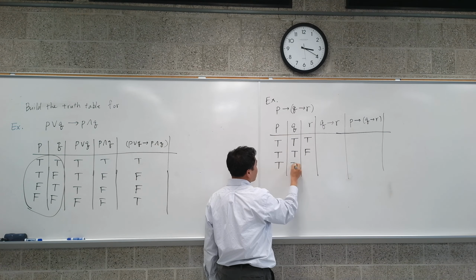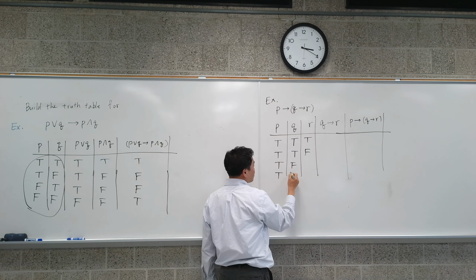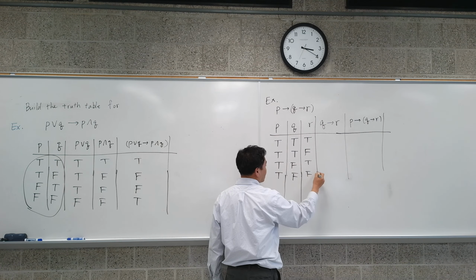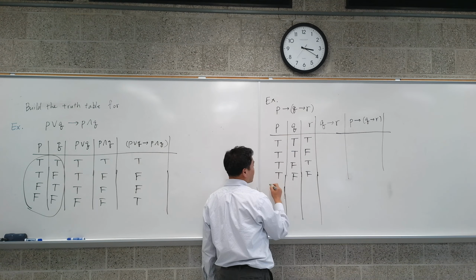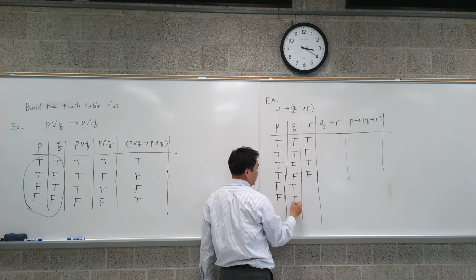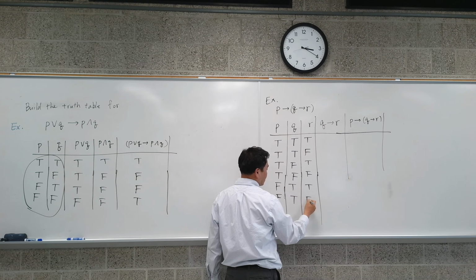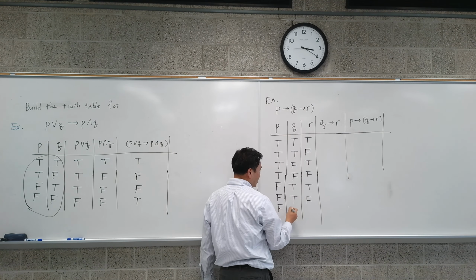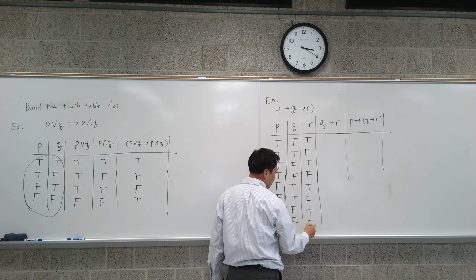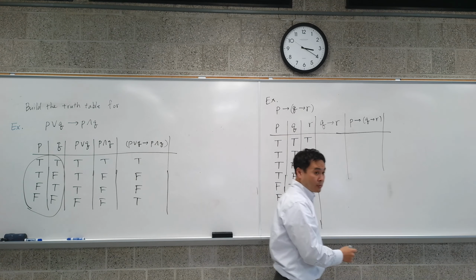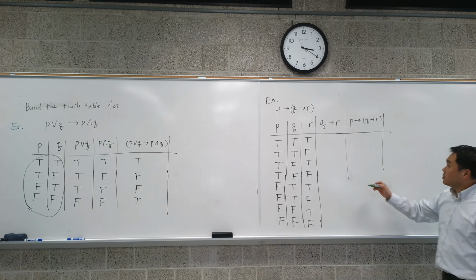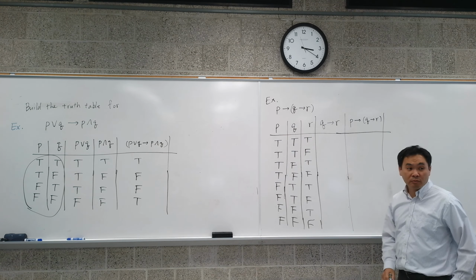Okay, true, false, and then write this twice, and then write true, false. And then write FT twice, write true, false. Then FF twice, write true, false. Okay, so that's all the possible combinations of PQR.